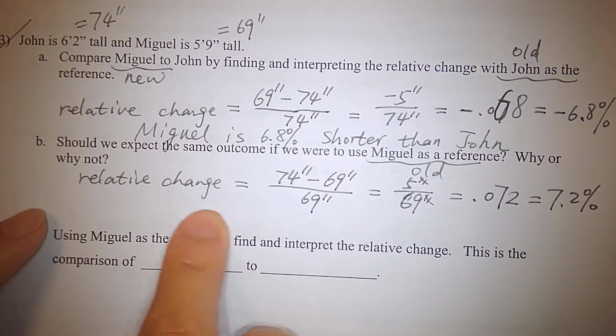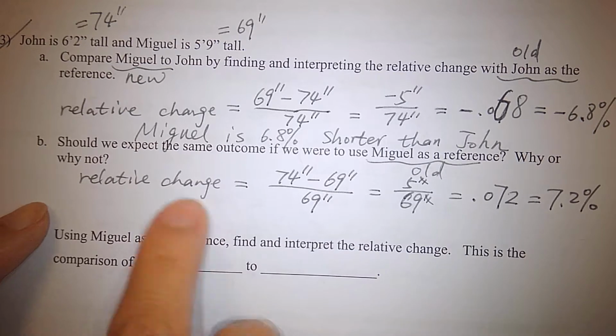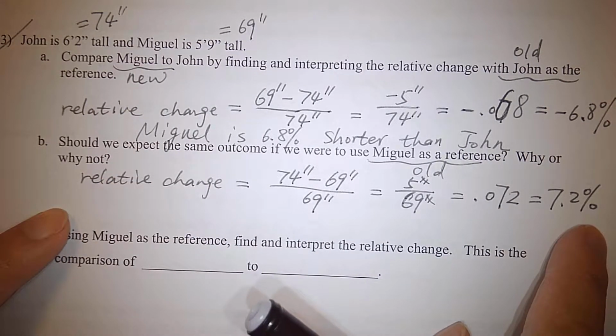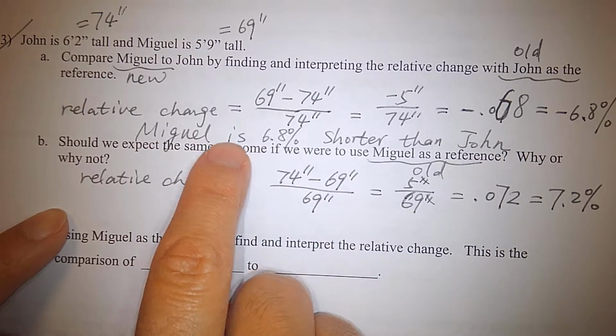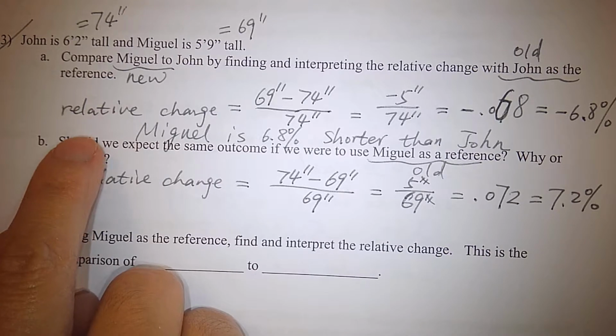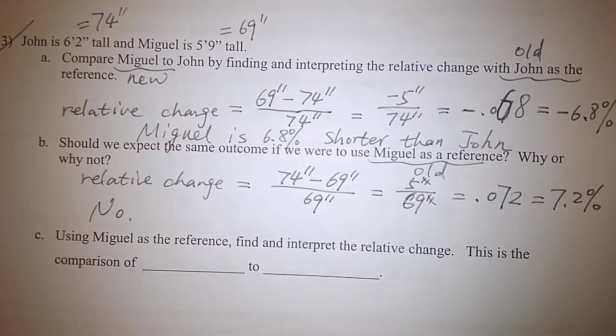It doesn't ask us to interpret, so we don't have to. But if we had to interpret, it's going to be: John is 7.2% taller than Miguel. But you see, they don't have the same result. So should we expect the same outcome? No. Why?